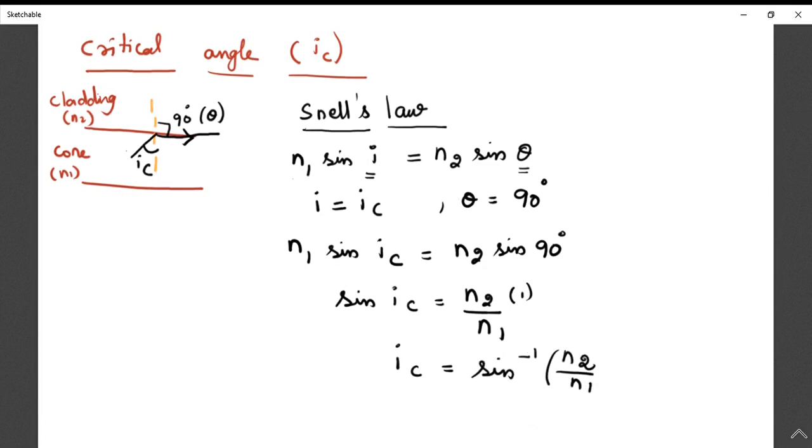This is the formula for the critical angle. By knowing the refractive indices of core and cladding, I can decide the critical angle inside the core. N2 is the refractive index of the cladding and N1 is the refractive index of the core. In this way, I can find the critical angle for a particular optical fiber.